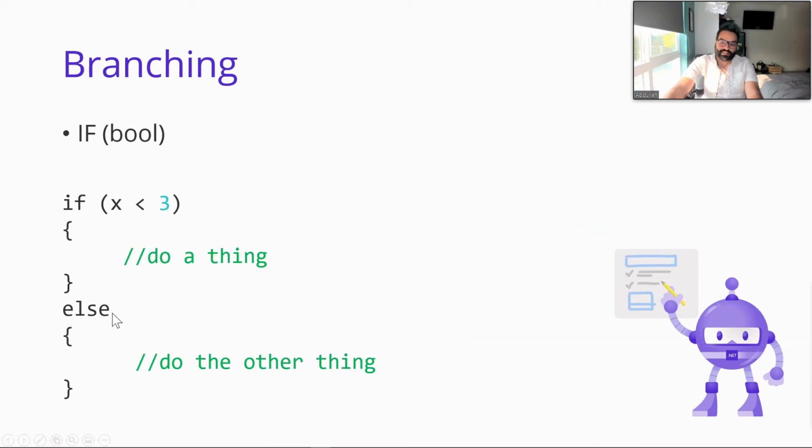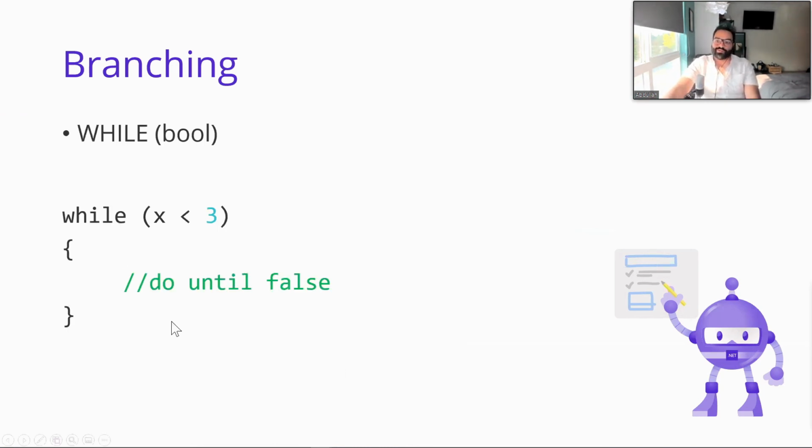And if you add else and then open up squiggly brackets, it will do this other thing if it was false. So x minus 3, if x was equal to 1, then this whole statement is true, then it will do a thing. If x was equal to 4, then it will do the other thing. Simple? I think it is.